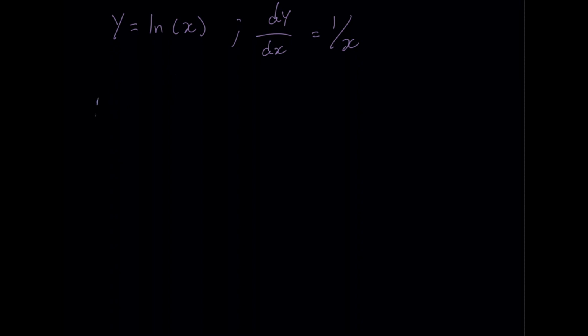Let's not forget that ln of x is actually just log base e of x. It's what you have to raise e to the power of to get a result. So if e to the power of x is a, then log e of a equals x.